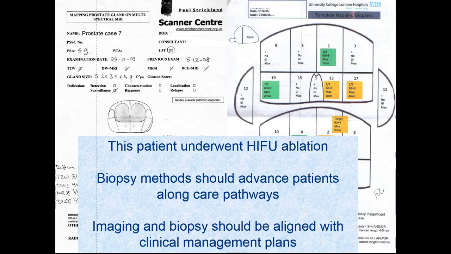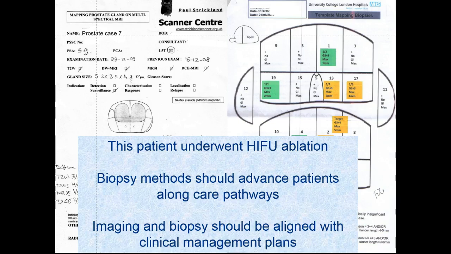So, the imaging and the biopsy should be aligned with the management care pathway of this particular patient. So, if we were going to do a prostatectomy, then he may not need a biopsy at all. But since he wanted to undergo ablation, we had to make sure that there was no other significant disease elsewhere.